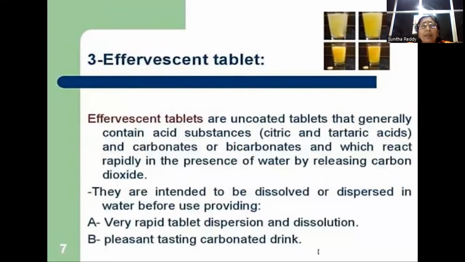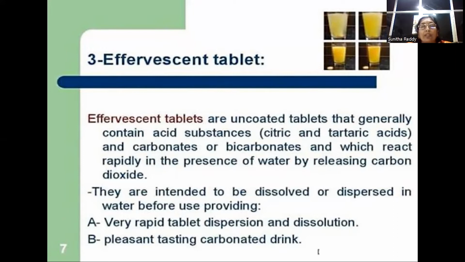Effervescent tablets are another type of tablet. These are uncoated tablets. Once they come into contact with water, an ingredient, either citric or tartaric acid, reacts with the carbonates or bicarbonates and evolves carbon dioxide.